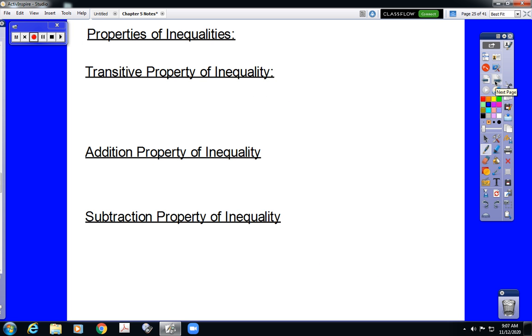Next up, we have a couple of algebra properties that apply to inequalities just like they did to equations. Starting off with the transitive property of inequality, which says that if a is greater than b and b is greater than c, then that means that a has to be greater than c. The same thing would apply to less than.